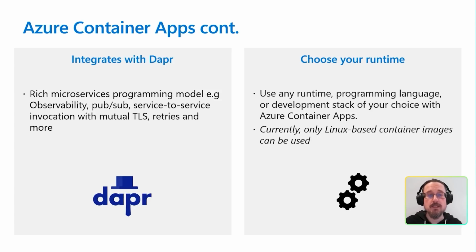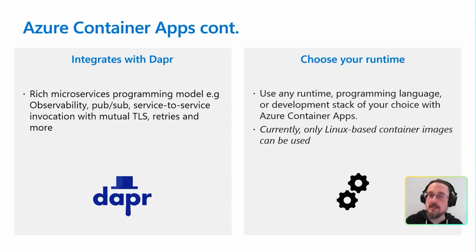And it also integrates with Dapr. So if you're all into microservices, specialized services that are good at really one thing, you get a very rich programming model thanks to this integration. So you get observability. Who doesn't want to observe your app, right? Pub/sub, you get service to service, retries, and much, much more. So this is really a rich experience.